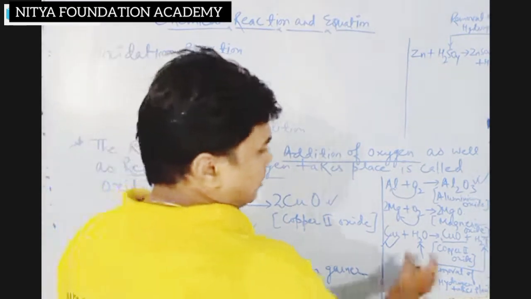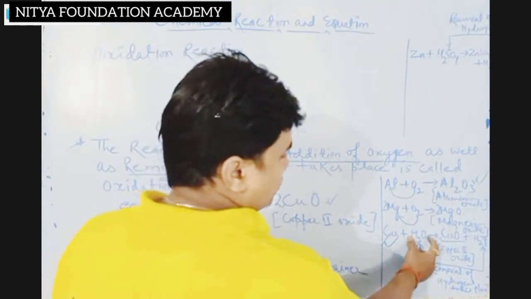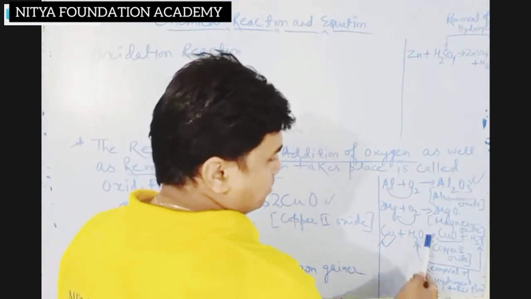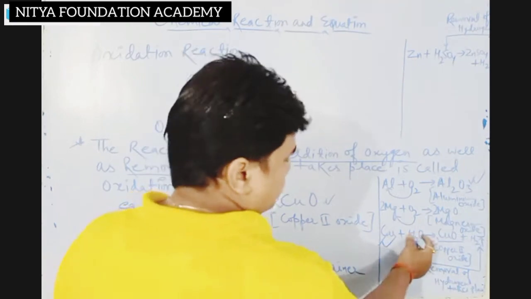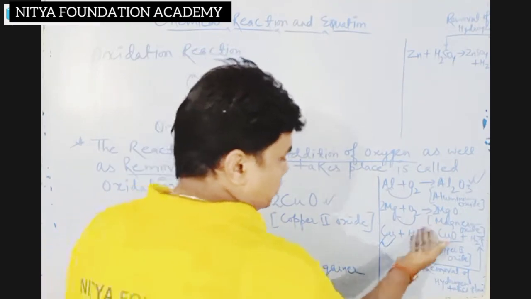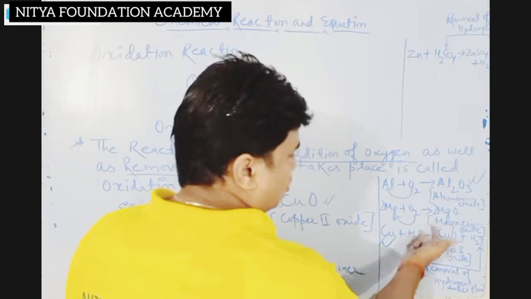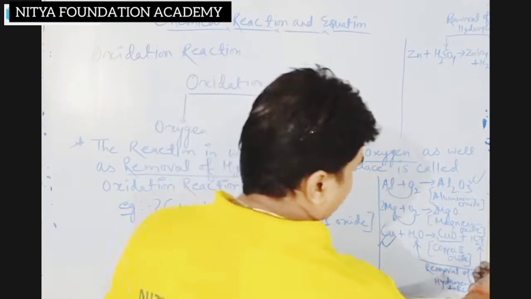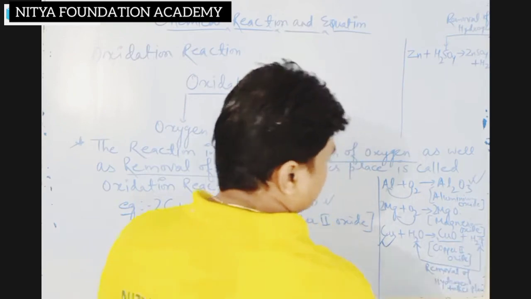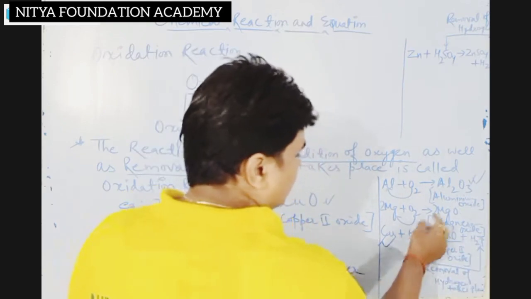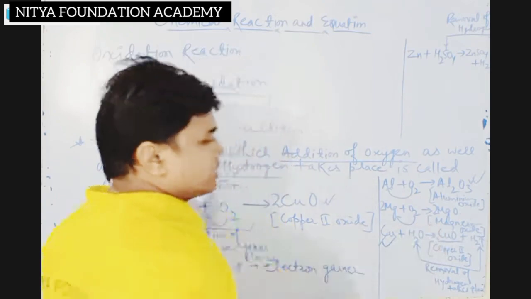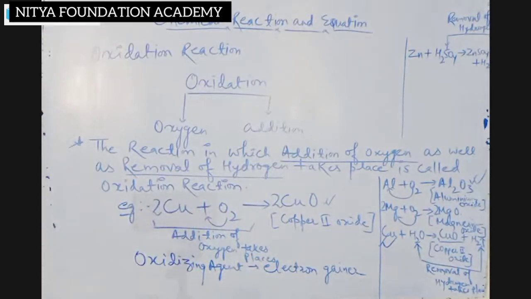But when we talk about copper reacting with water, here the oxidizing agent, means the water, is split into the two elements, oxygen as well as hydrogen, where the oxygen is added and hydrogen is removed or reduced. So in water the oxygen behaves like an oxidizing agent. The oxygen behaves like an oxidizing agent that makes the oxidation reaction possible, and the reduction of hydrogen takes place at the same time.